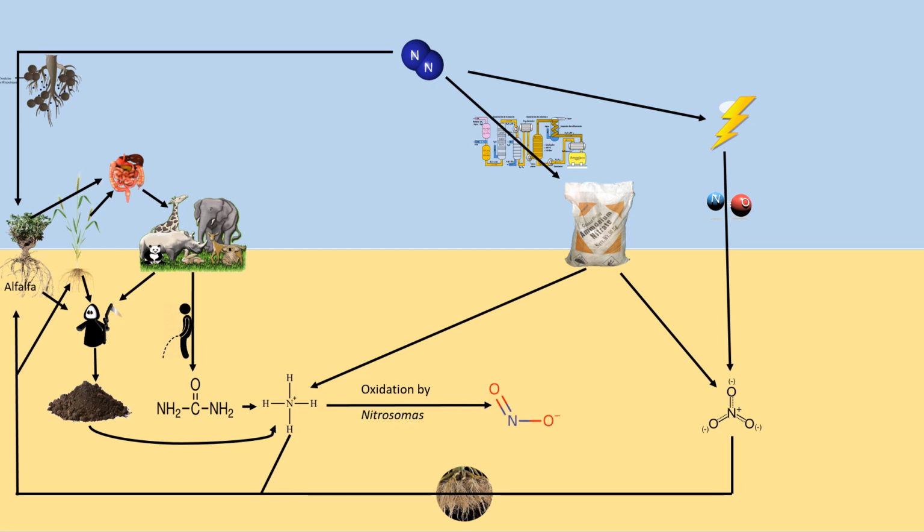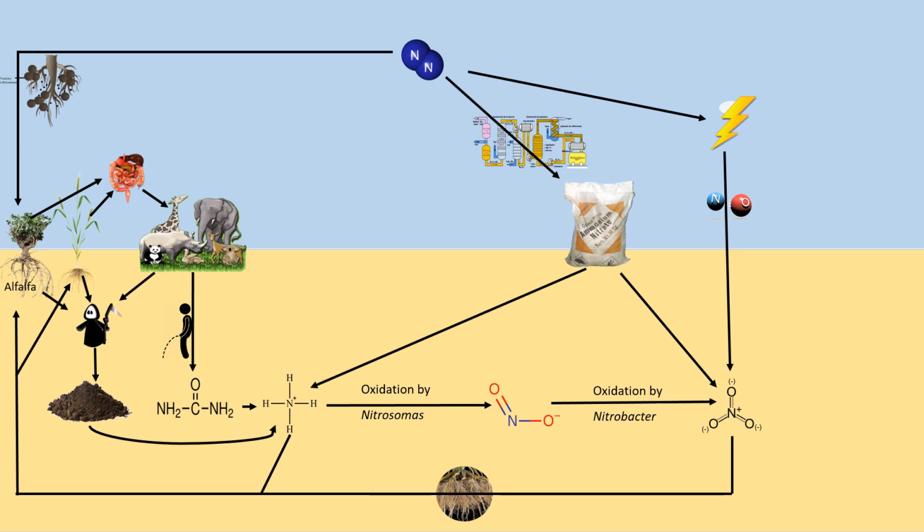That makes nitrite ions, with an I. Nitrite ions can be oxidized by a group of bacteria called Nitrobacter into nitrate ions. So please remember, these are oxidation reactions.